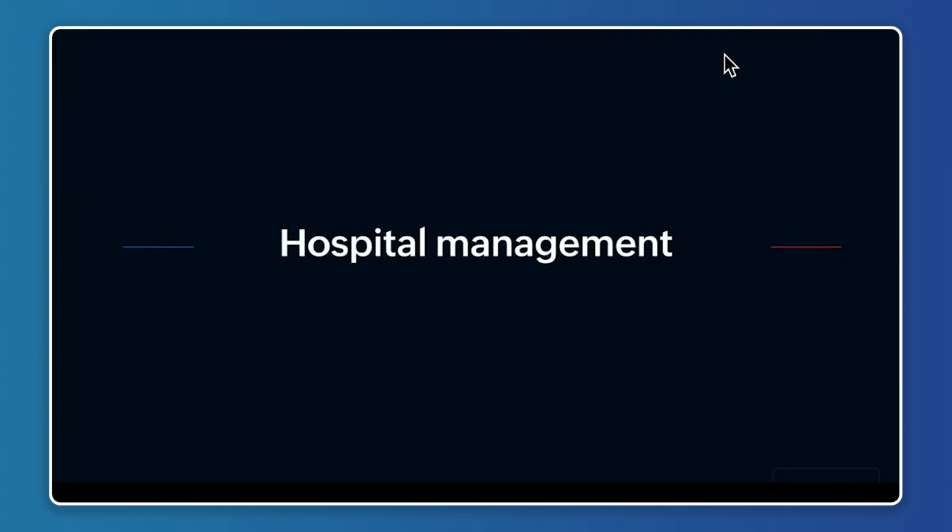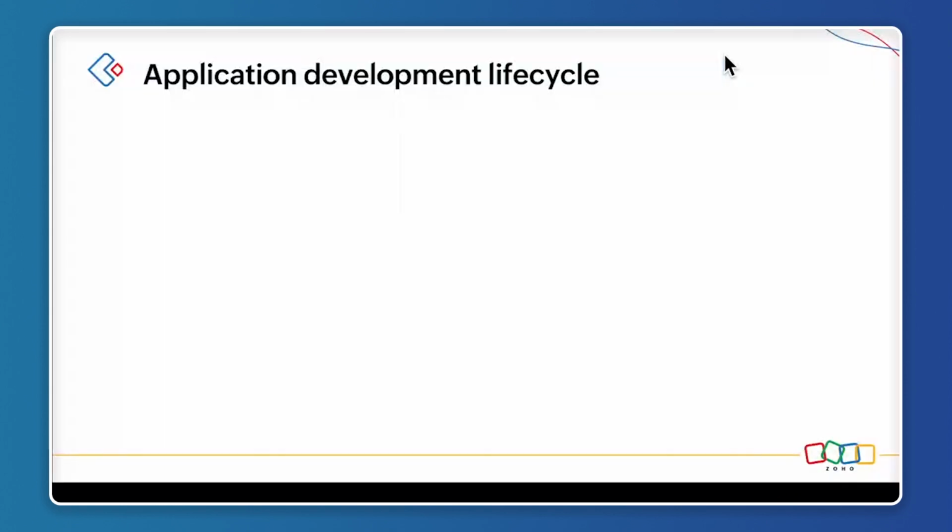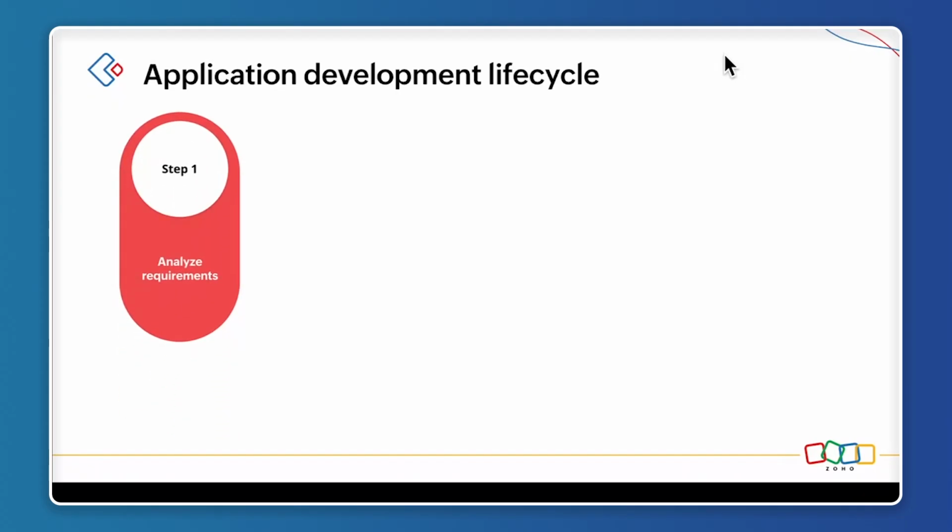Before we get directly into the application development, we will have to follow an application process flow through which you can understand the application life cycle and how you can bring in your application development process in a smooth manner. So starting with the requirement analysis. You will have to analyze your requirement.